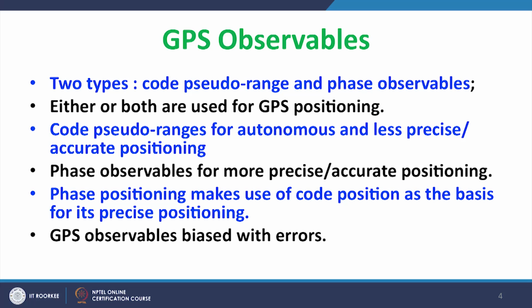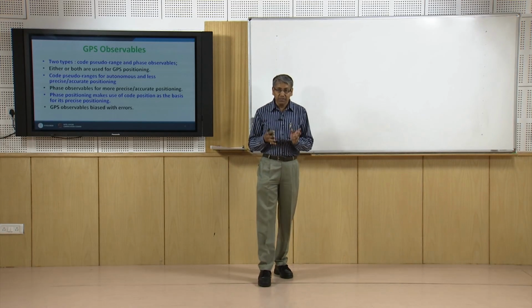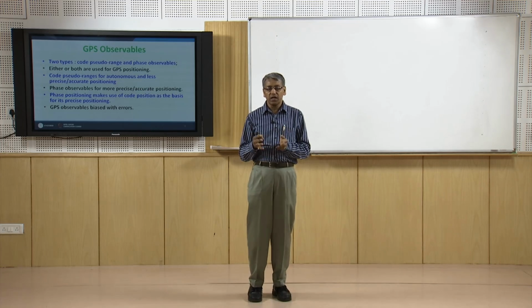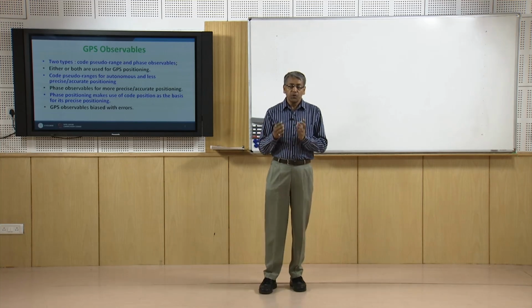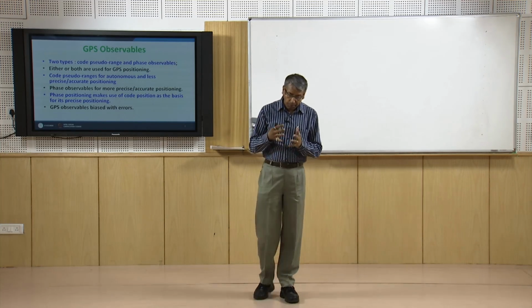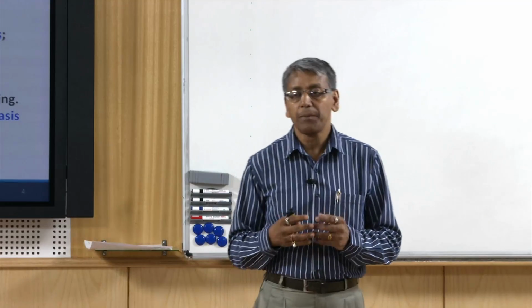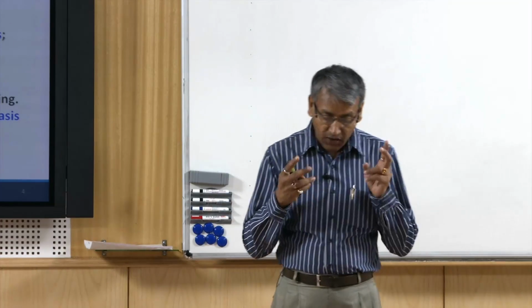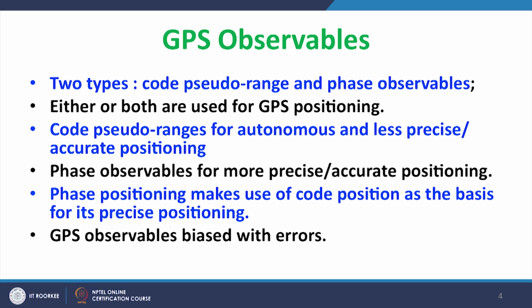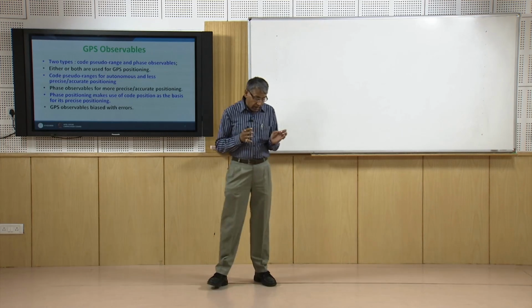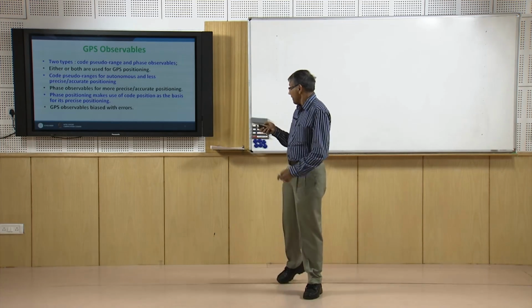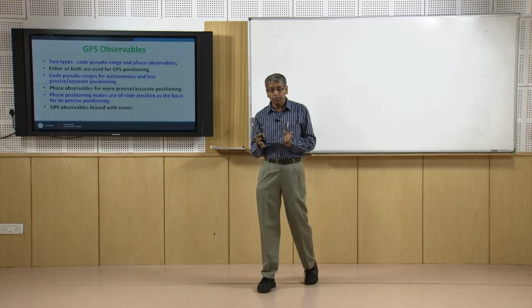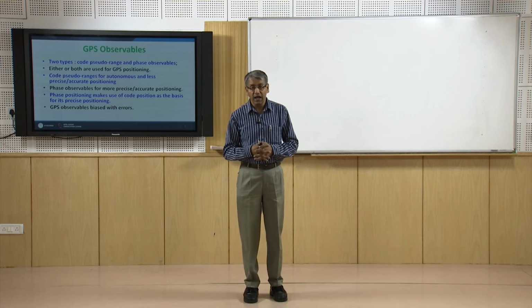Now what is a GPS observable? GPS observables are the parameters which we get from the GPS signal, and there are 2 types of GPS observables that we are interested in specifically for GPS positioning: code pseudo range and phase observable. These 2 observables differ in which part of the signal they are derived from.